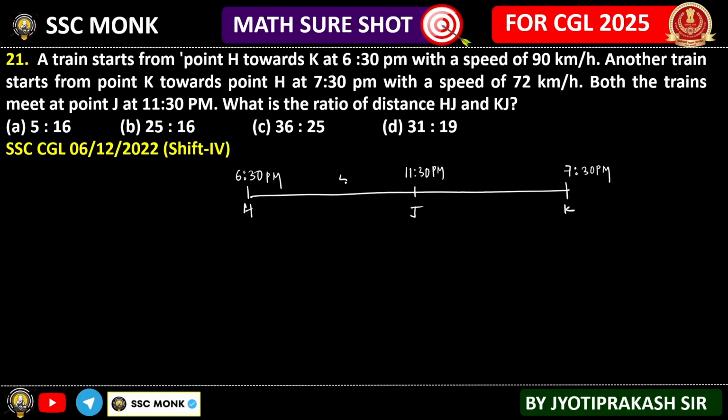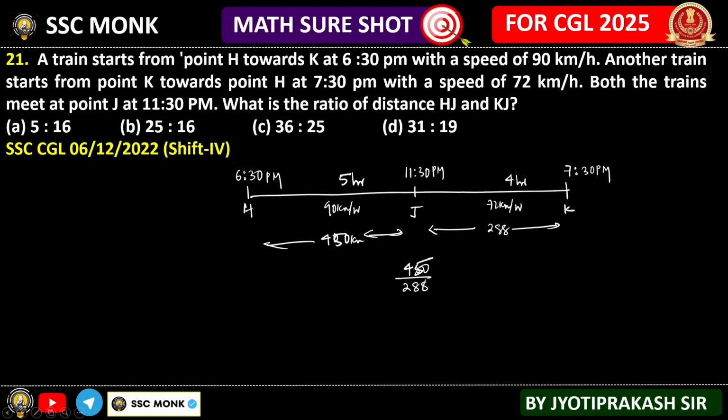So how long has this traveled? 5 hours. How long has this traveled? 4 hours. Speed here, first train 90 km per hour, second train 72 km per hour. Total distance traveled: 90 into 5 is equal to 450 km. This distance HJ. JK distance is equal to 72 into 4 is equal to 288 km. Now ratio of HJ to KJ, 450 by 288.